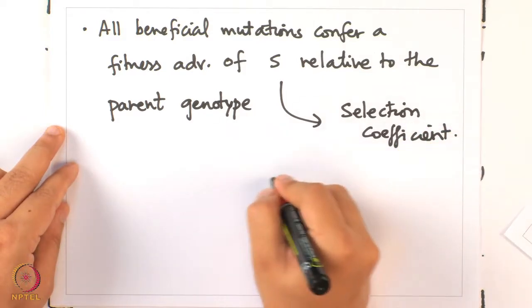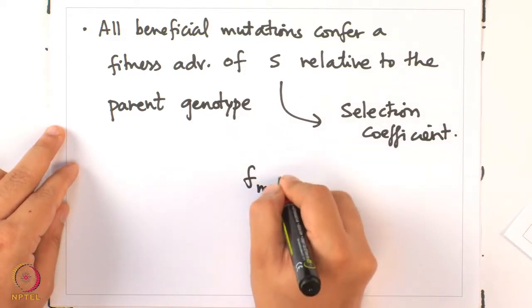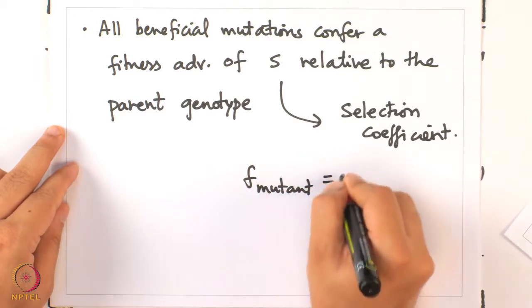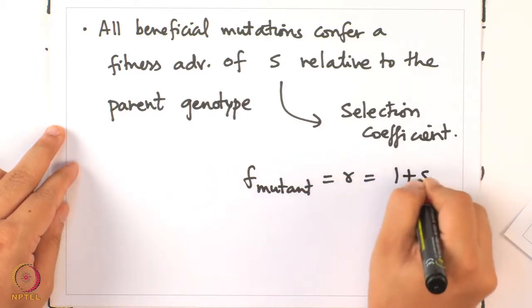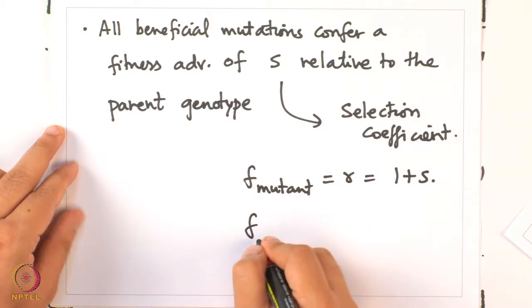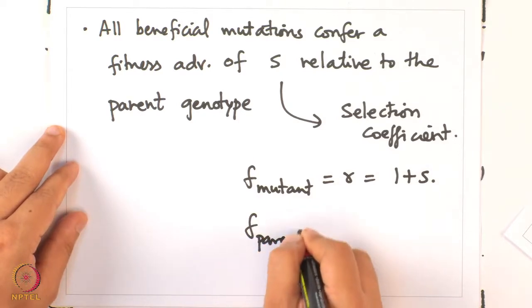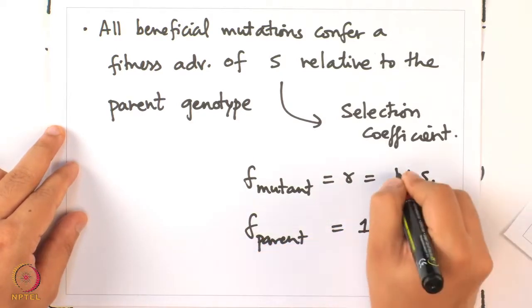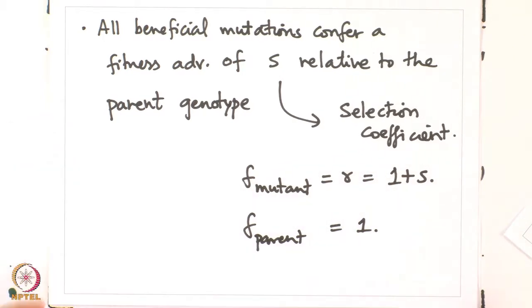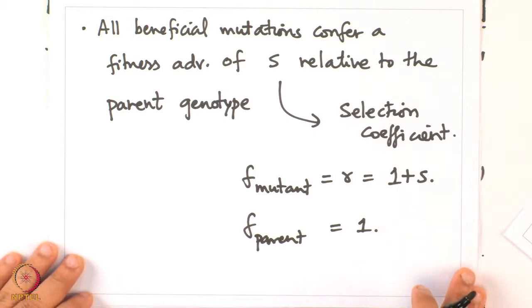Which means that the fitness of the mutant is equal to R, which is equal to 1 plus S, and fitness of the parent genotype is just equal to 1. That is a big assumption that we have incorporated into our model, but we will see that it leads us to very interesting analysis as we develop this further.